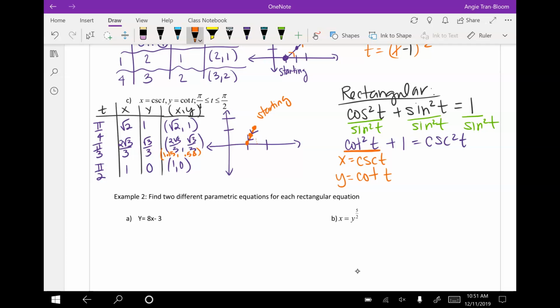Every time we see a cotangent, we will substitute what? Y. So that is now y squared. I'm going to drop the 1 down and make equals. Every time I see a cosecant, we are now going to substitute that with x. So that's x squared. Let's put it in standard form so we can see what shape that is.